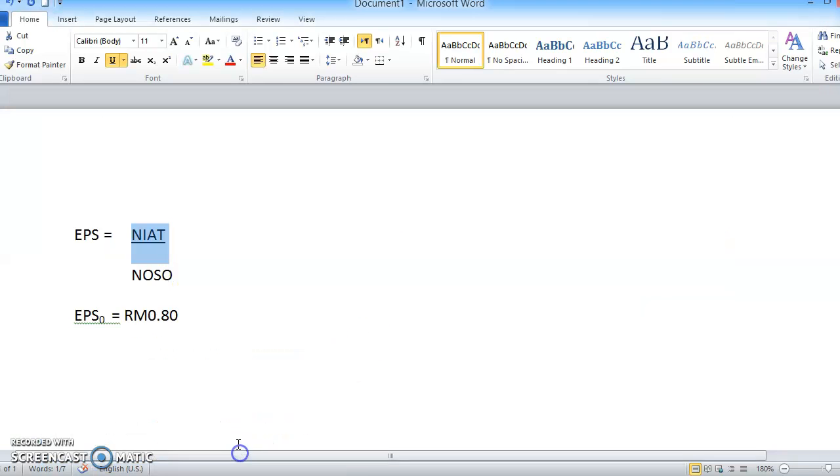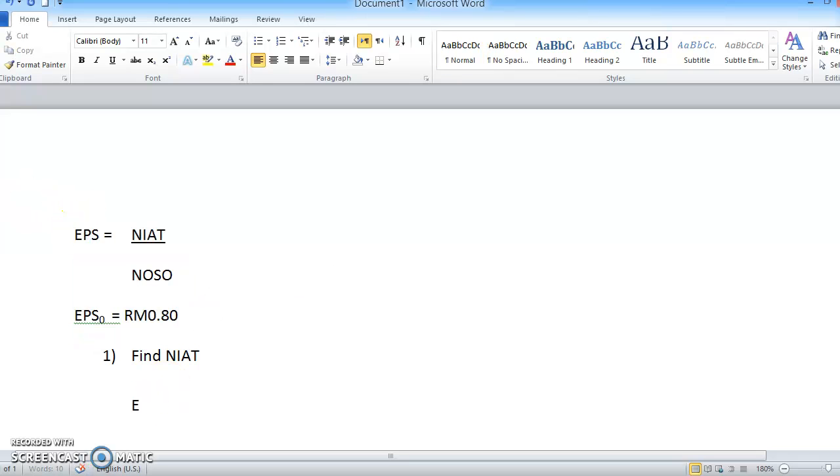So this is the part that you have to find. Since the question does not give you any net income after tax, you have to find the net income after tax by using all the information given. So how do you find it? By using this EPS formula.